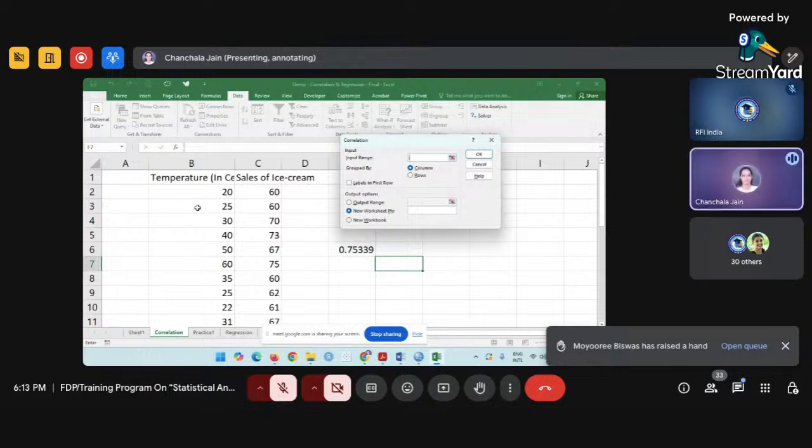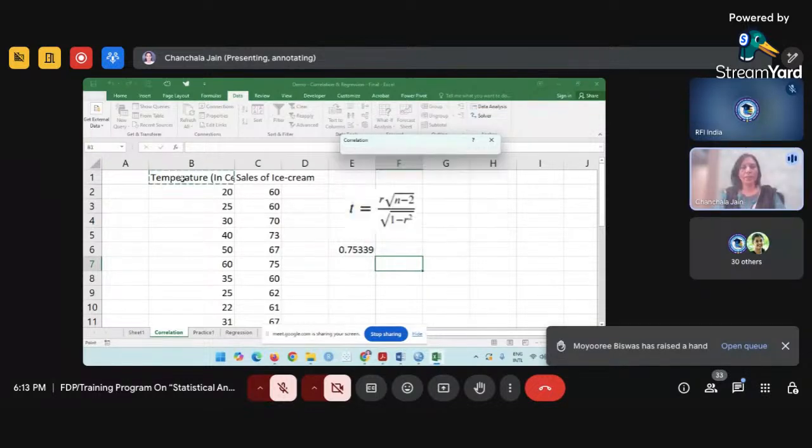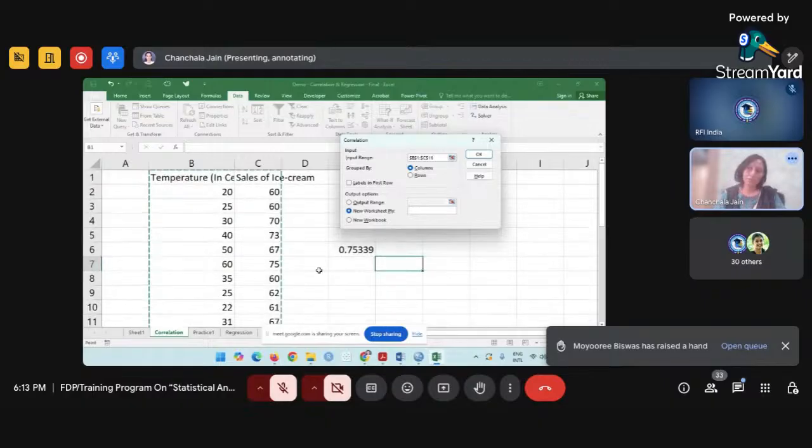Fine. Now you need to select your variables. So I'm selecting the range of the data, right? Data is in the column form. By default, it is taking grouped by. So our data is in the columns, so we'll go with the columns only.